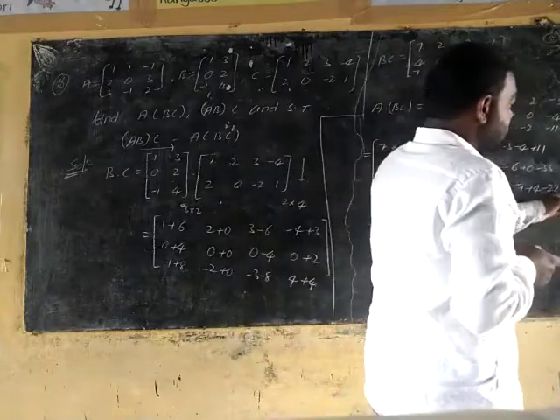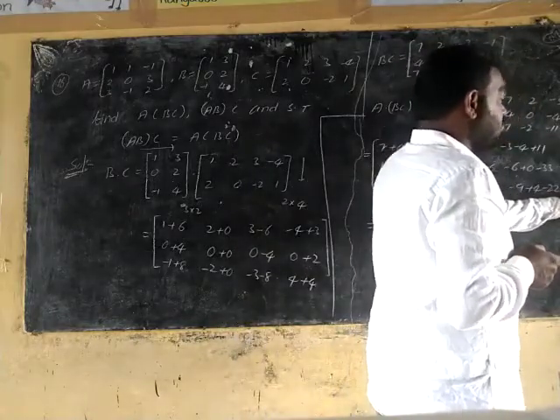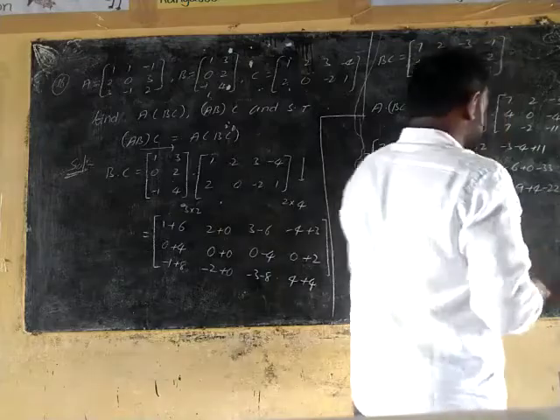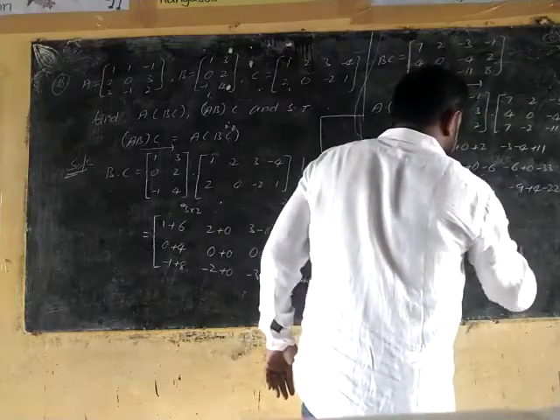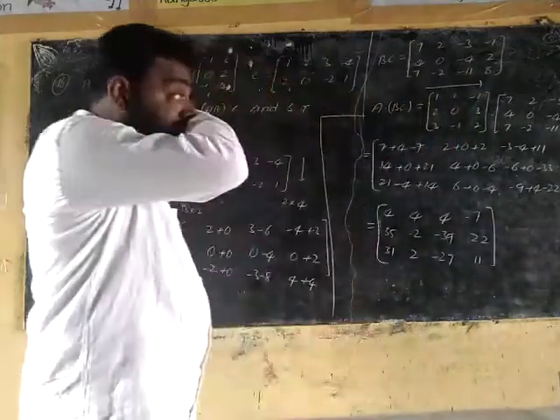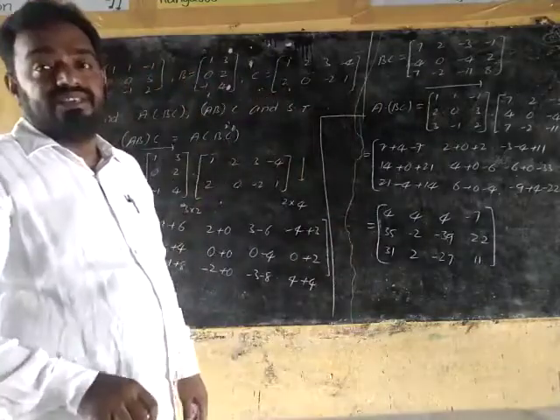Next, minus 2 minus 3, minus 5, 16 minus 5 is 11. This is the product of the matrix A into BC.